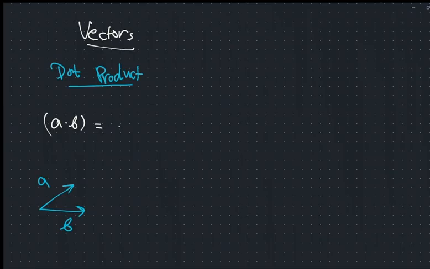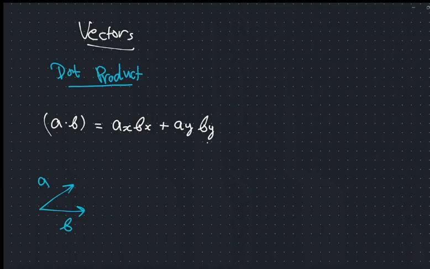Each vector has an x and y projection if it was in 2 dimensions. So let's say we have ax times bx, and then we add it with the y projections, right? So it's the sum of the products of projections. So ax bx plus ay by.